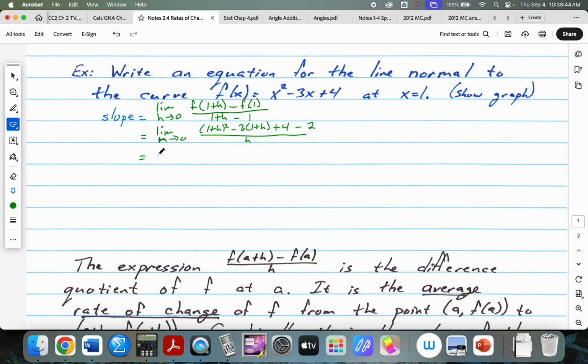Expanding the numerator, we'll have the limit as h goes to 0 of, this will be 1 plus 2h plus h squared minus 3 minus 3h plus 4 minus 2 all over h.